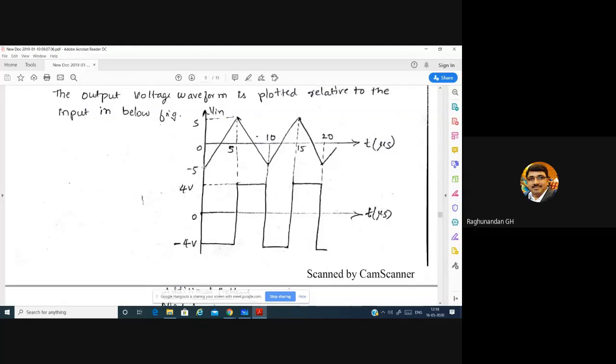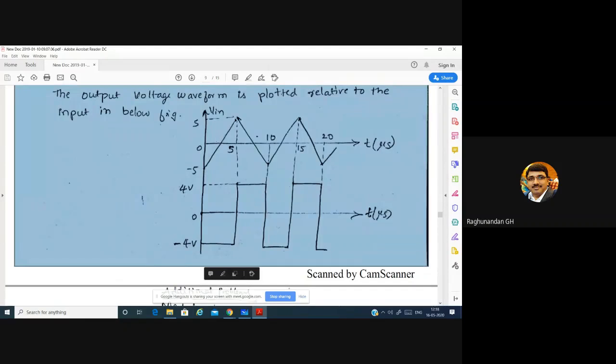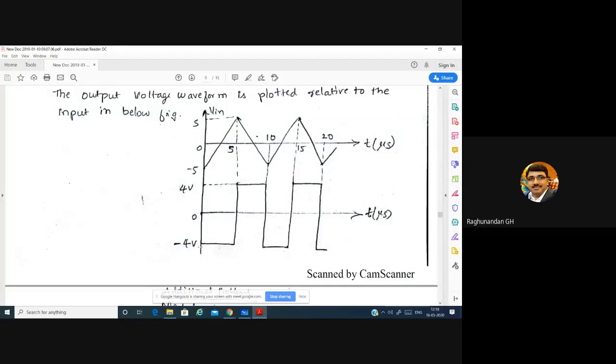So when the input is increasing to positive, your output will be in negative. When the input goes to negative, your output will be in positive. It is exactly opposite. When it starts moving towards positive, your output goes to negative.